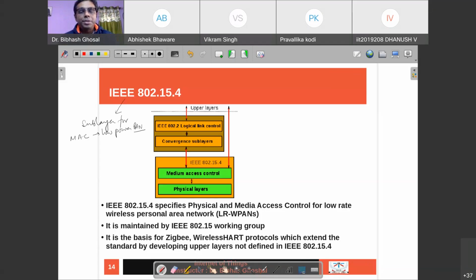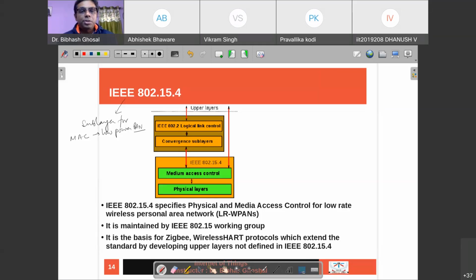With this idea, this standard was developed, but as it started being used for communication among different computers, it started giving us a lot of benefits like low power, low data rate. And looking at these benefits, people started thinking that, okay, if it is so good for computer communication, can it be used for device to device communication?